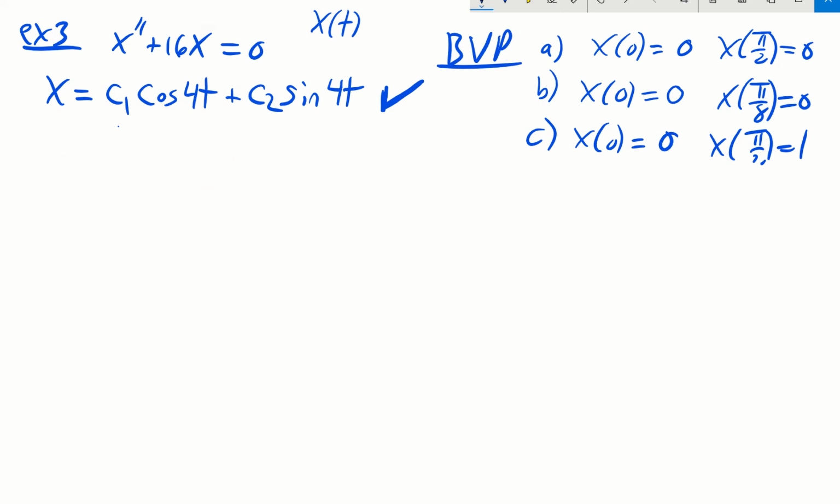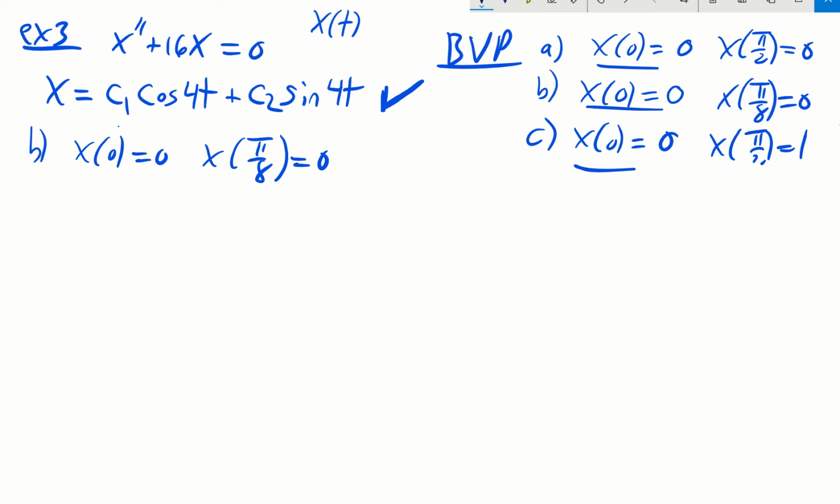So from above we have our ODE, and this time we want the boundary values x of 0 to be equal to 0, and x of pi over 8 to be equal to 0. In all of these, all of the x of 0s are equal to 0.